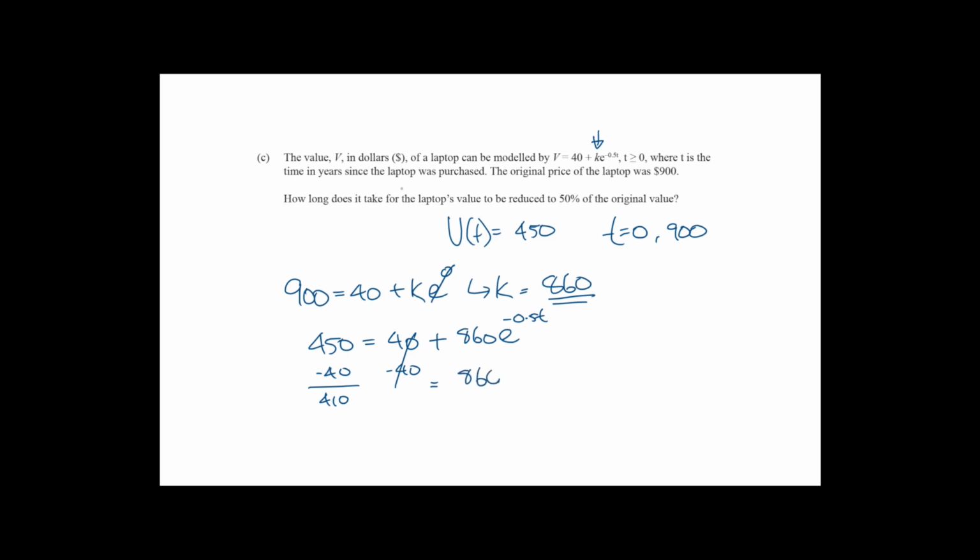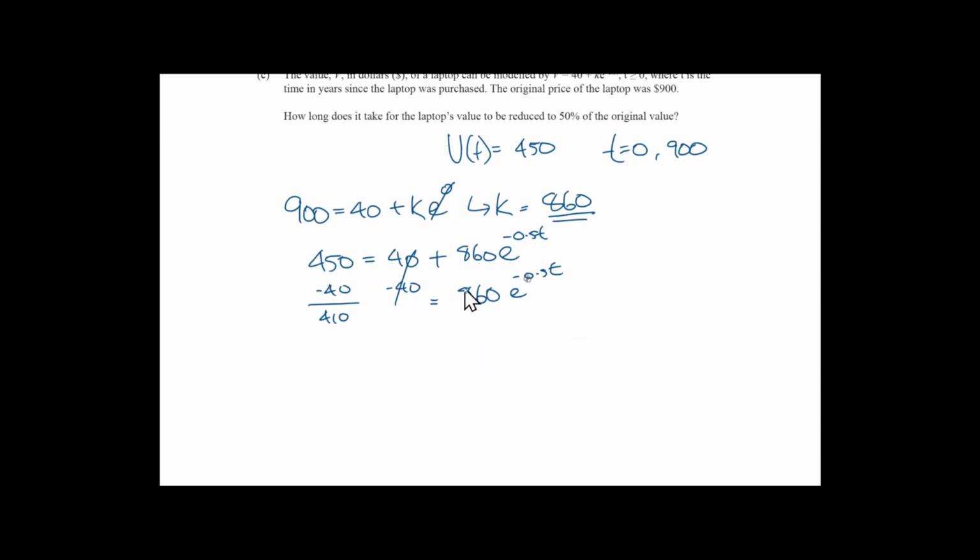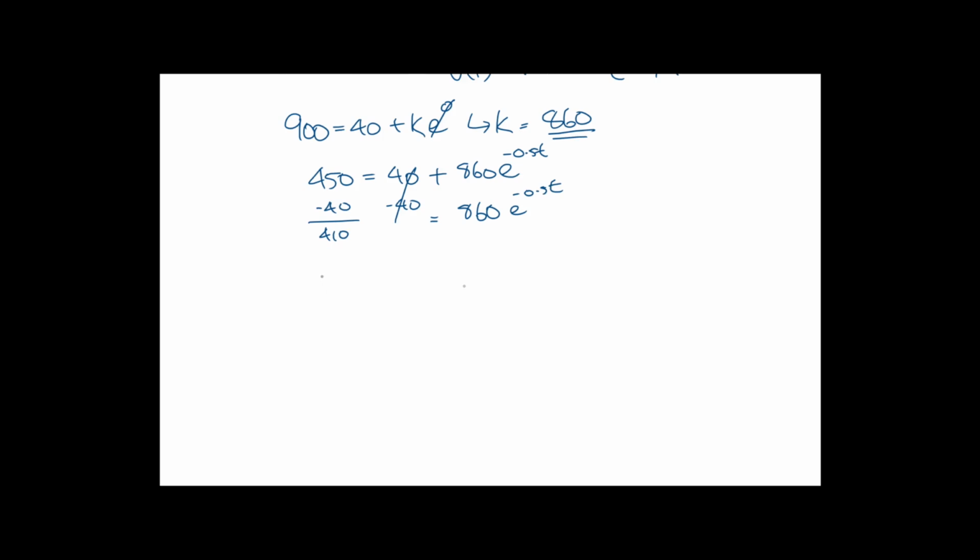410 equals 860 e to the negative 0.5 t. Divide both sides by 860. 410 over 860 equals e to the power of negative 0.5 t.